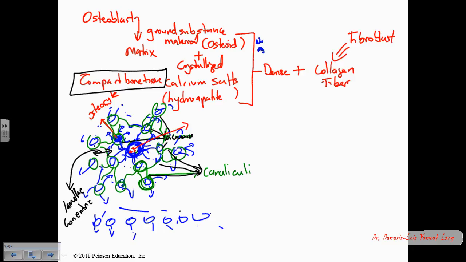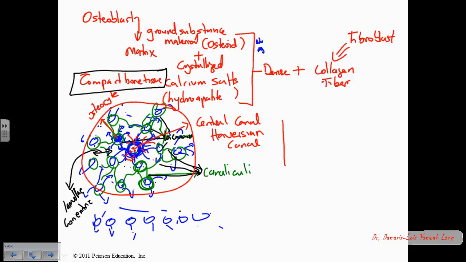So this center part, where it's just surrounded with the bone material, is called the central canal or the Haversian canal. And this whole circular arrangement of the compact bone tissue is called the osteon.